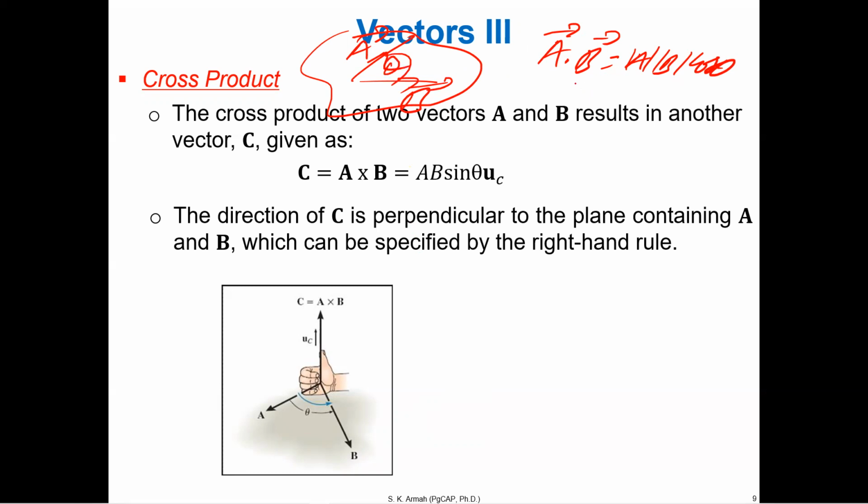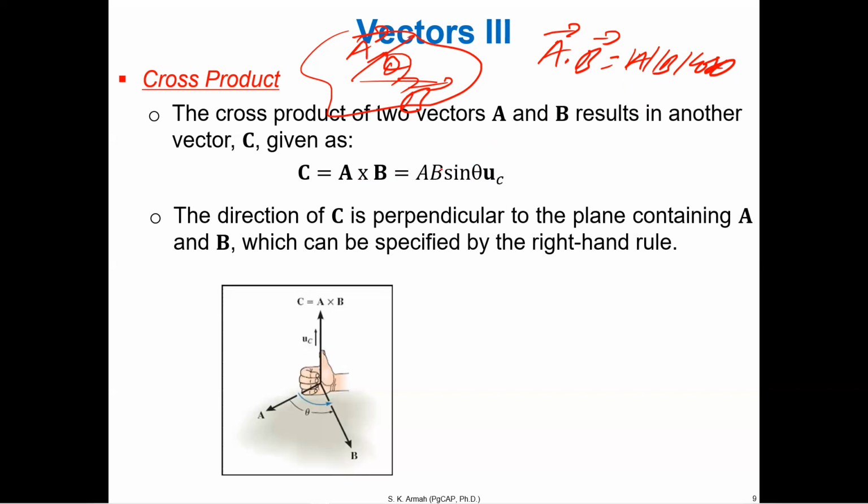That is the dot product. But here I'm talking about the cross product. We use the multiplication sign. It's magnitude of A times magnitude of B times sine theta. But the cross product is a vector quantity, whereas the scalar product is a scalar quantity.